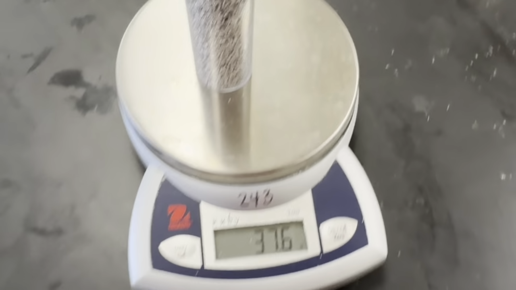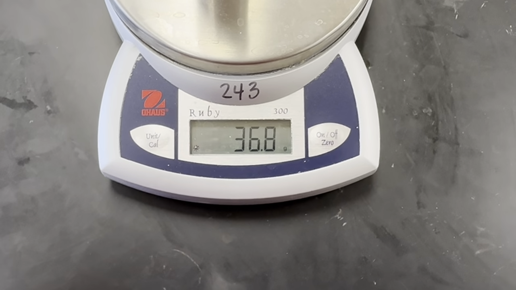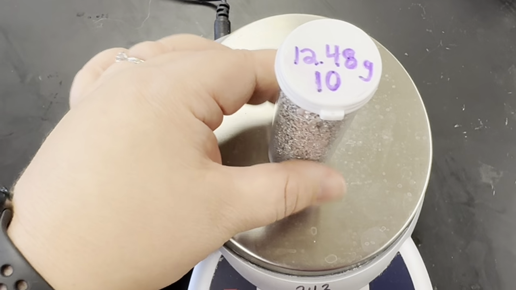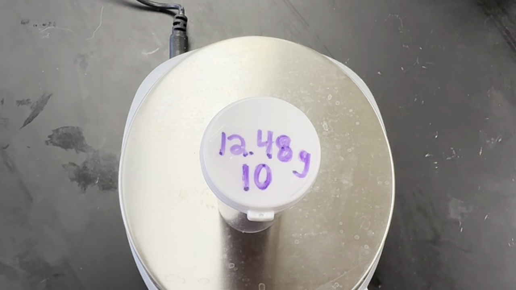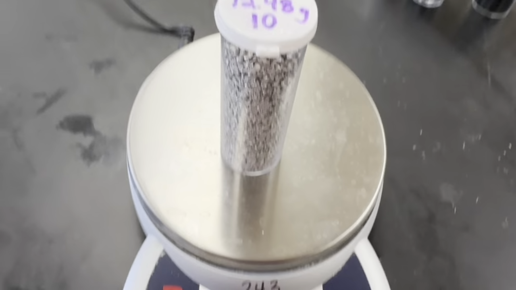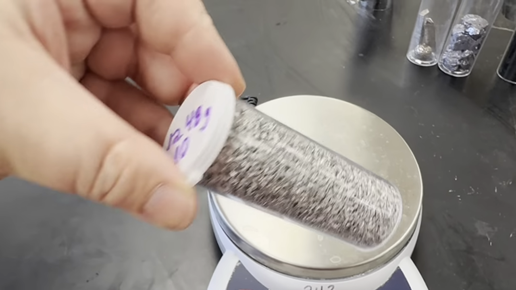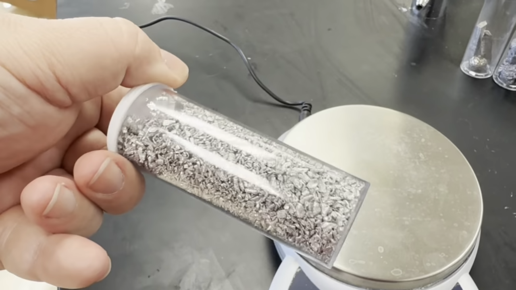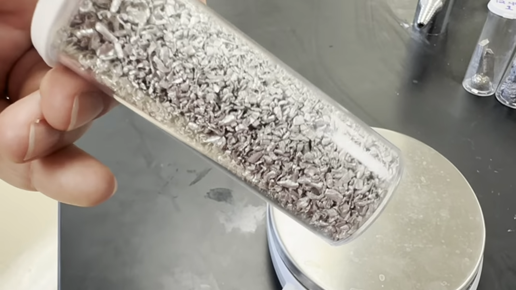Sample number 10, 36.8 grams. The container has a mass of 12.48 grams. And this is what it looks like inside.